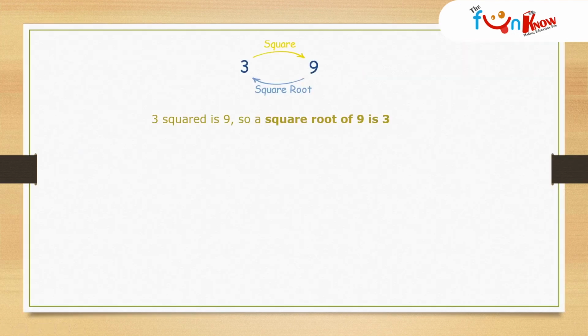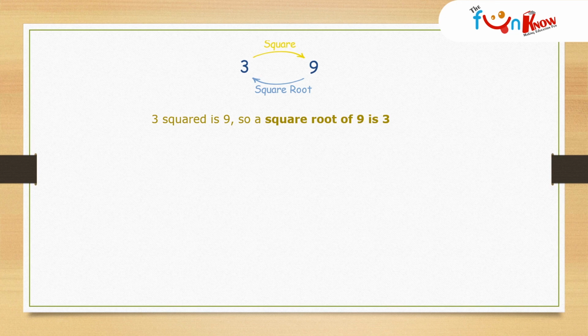Very good. Now students, look at this diagram. This will explain the whole concept. Square of 3 is 9, but square root of 9 is 3. Exactly, this is how it works. If I say square of 3, you will answer 9. If I say square root of 9, you will answer 3.